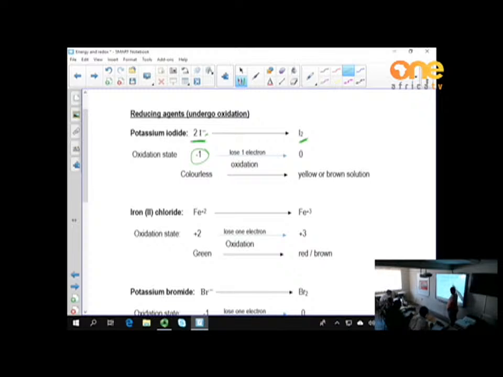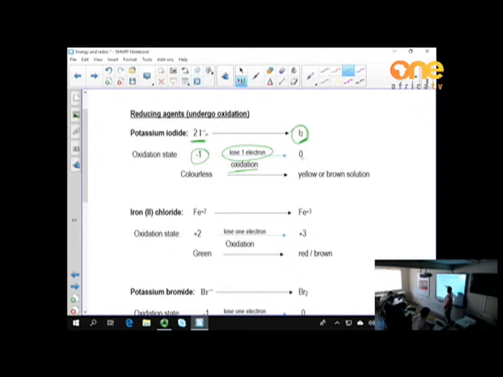The oxidation state of iodine, an uncombined element, is 0. What has happened? Well, to go from -1 to 0, it must lose 1 electron. In other words, oxidation has occurred.